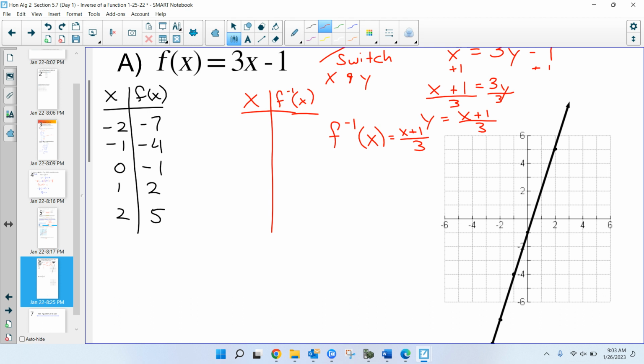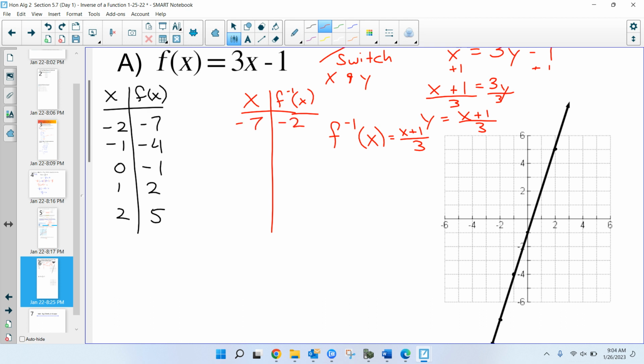All right, should I start plugging in the same values into the inverse function? Could, but what do I know to do if I already have the table of values for the original? Yeah, so -2, -7 is now going to be graphed as -7, -2.